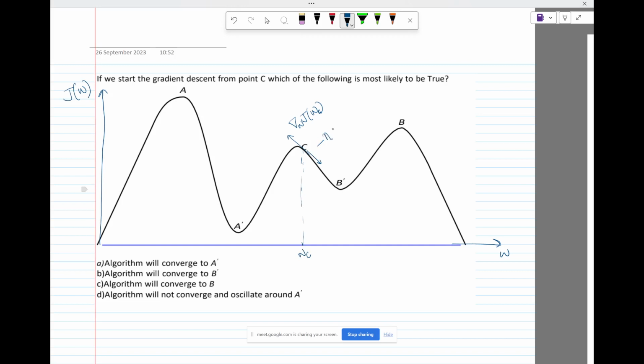This is the step that you will take, eta times. So that means it will go somewhere here. So you'll reach some point here, and then you'll keep doing the descent step, and you'll reach somewhere here where the gradient will become 0.